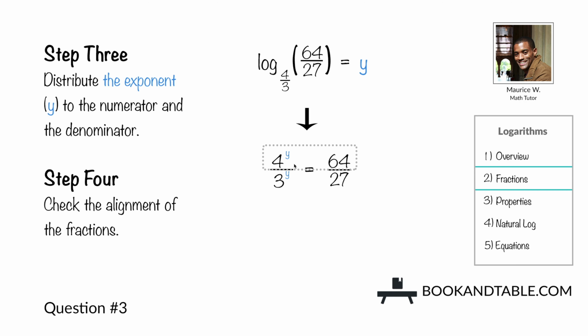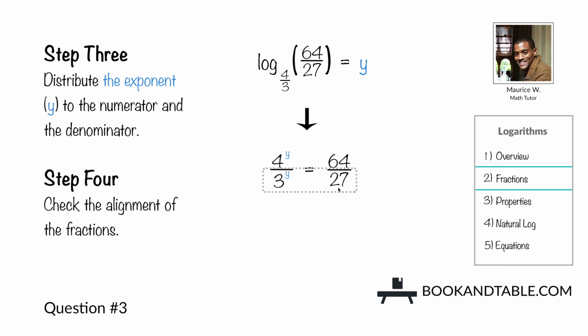If we take a look at our numerators, we get 4 to a power of y is equal to 64, and that is fine, since 4 can be multiplied times itself to get 64. For our denominators, we have 3 to a power of y is equal to 27, and that checks out since the base 3 can be multiplied times itself to get 27.